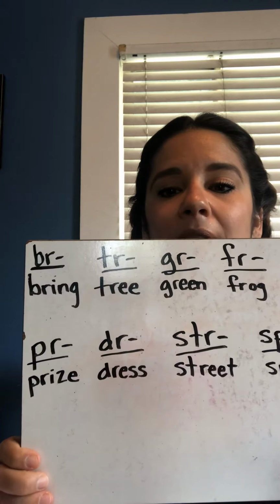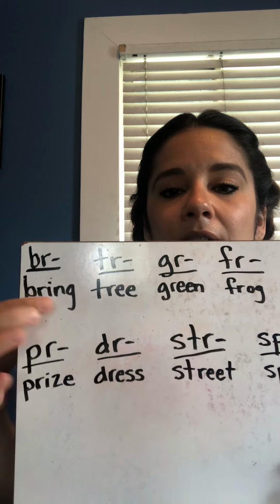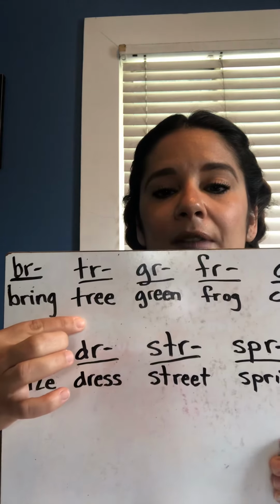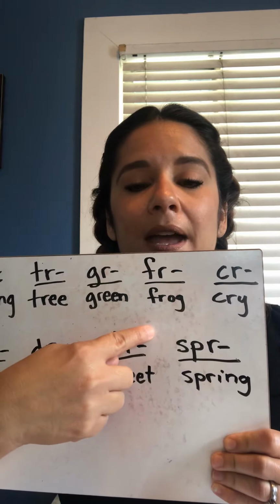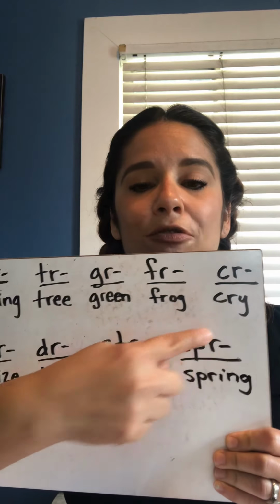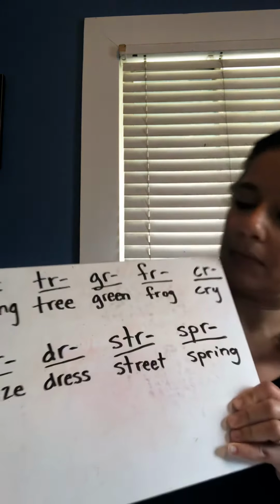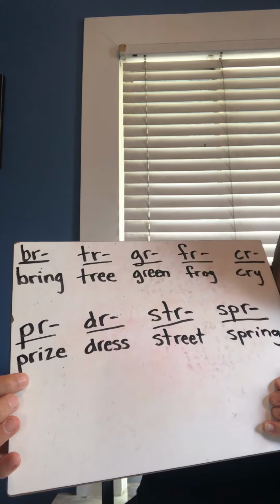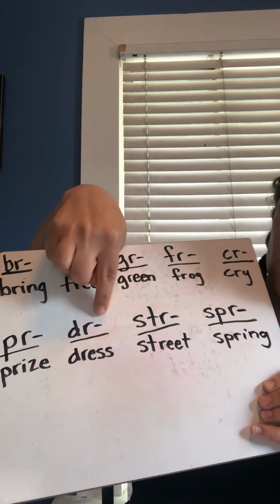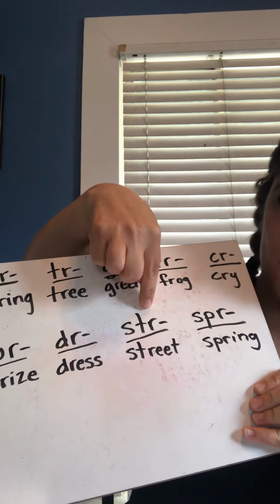For BR, we have the word bring. TR, we have tree. GR, we have green. FR, we have frog. CR, we have cry. PR, can you guys see that? We have prize. DR, dress. STR, street.